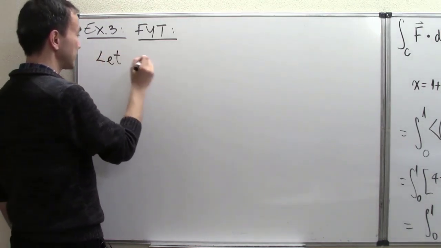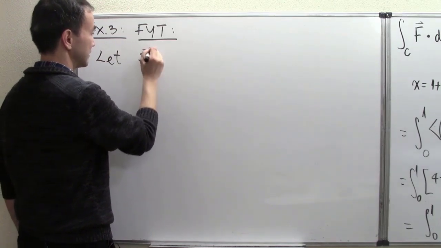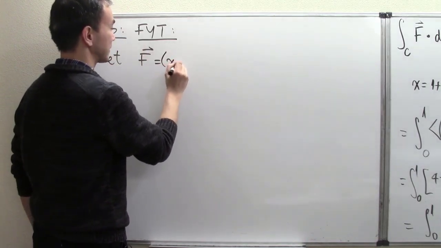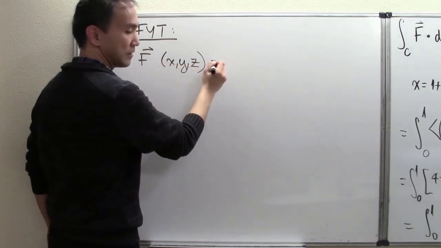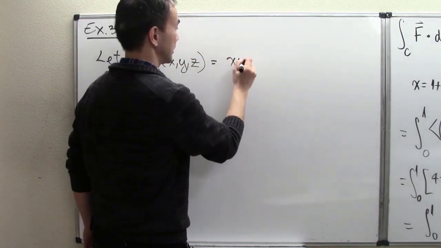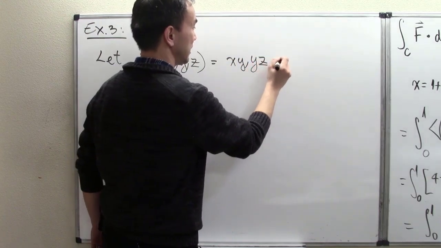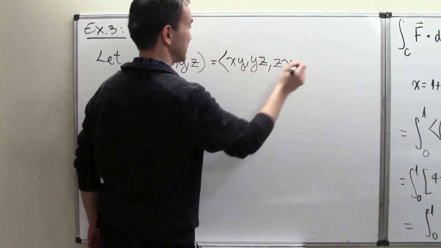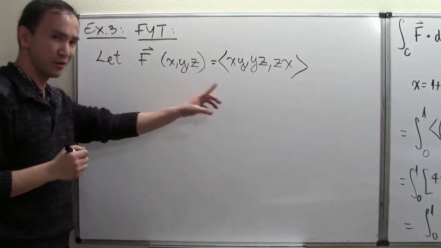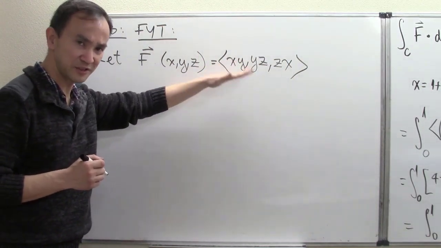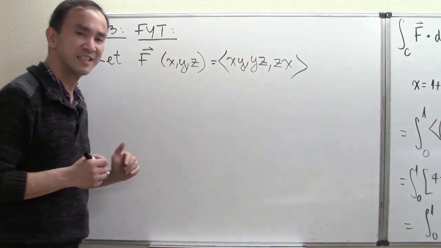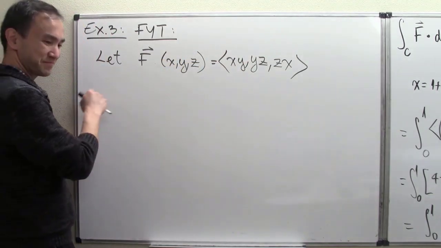We want to have the vector field xy, yz, and zx. You can notice, before I finish this problem, that the vector field is exactly the same as the one you had in example 2.